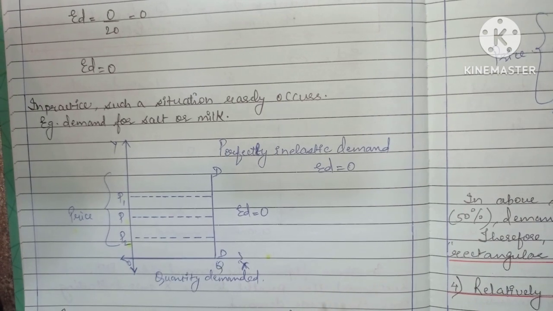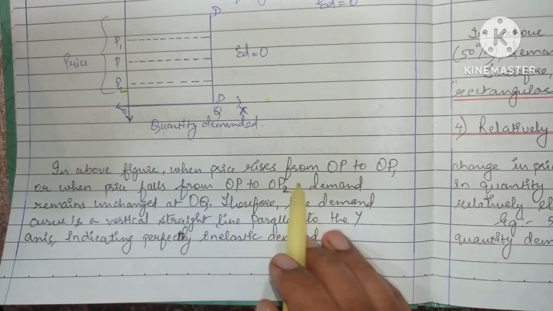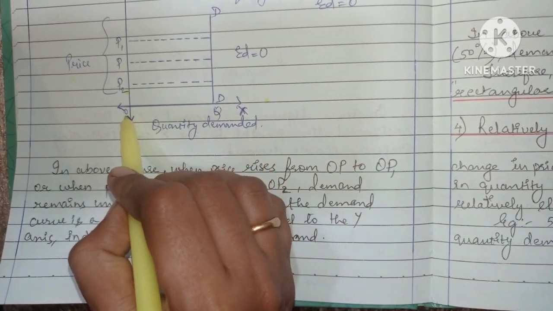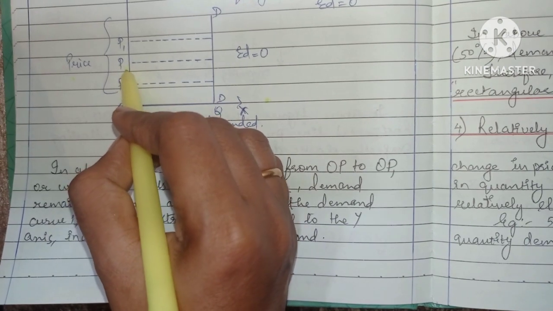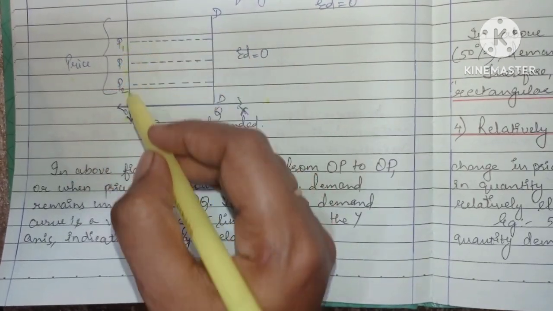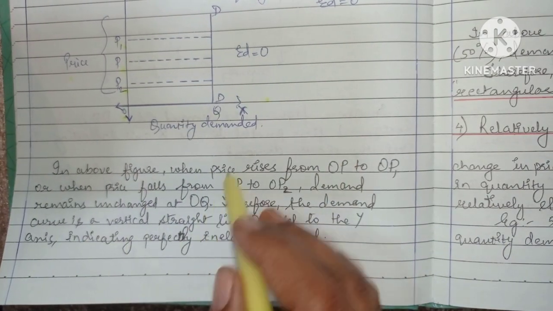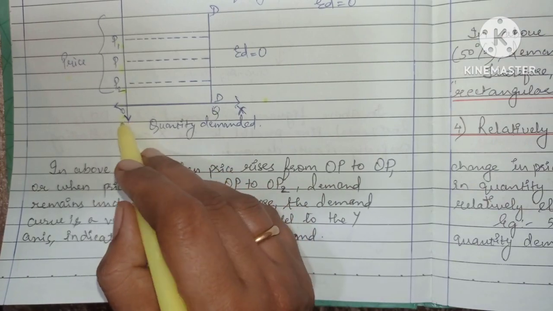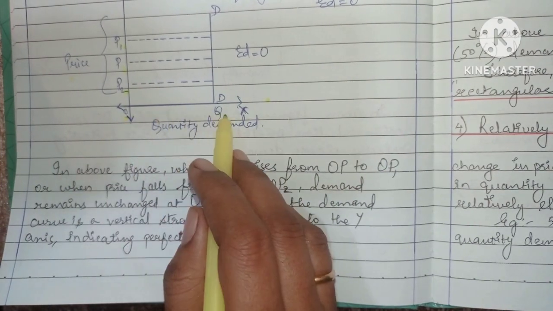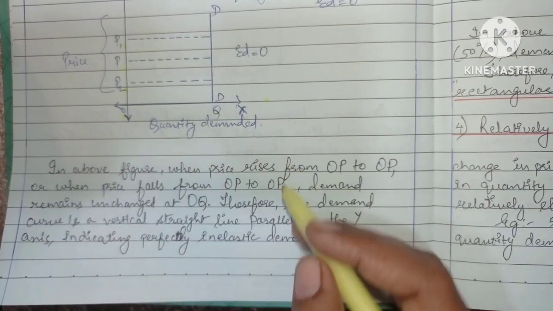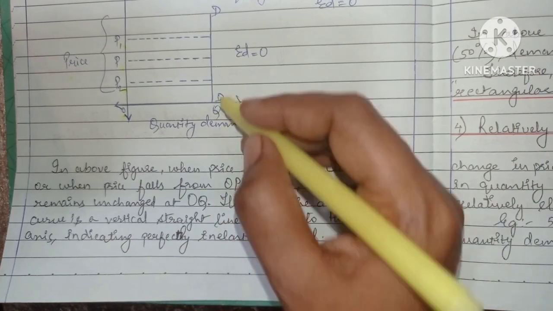Okay, so in the above figure, when the price rises from OP to OP1, or when the price falls from OP to OP2, demand remains unchanged at OQ. So at OQ, the demand will remain the same even if the price increases or falls. Therefore, the demand curve is a vertical straight line.